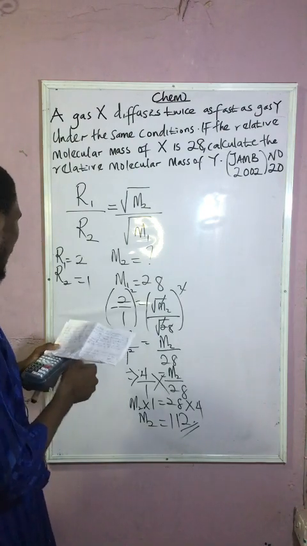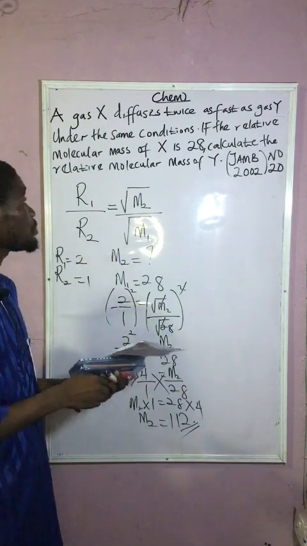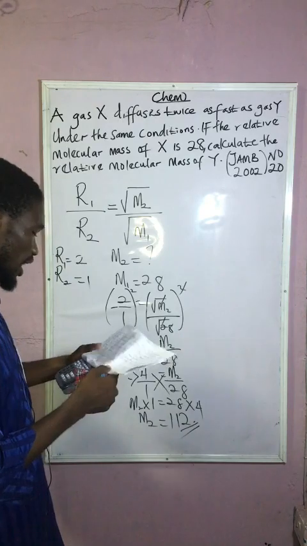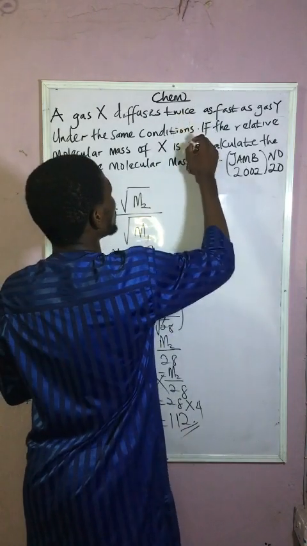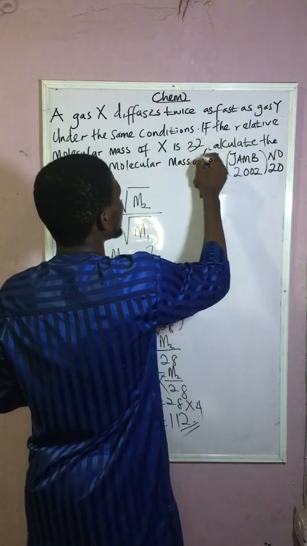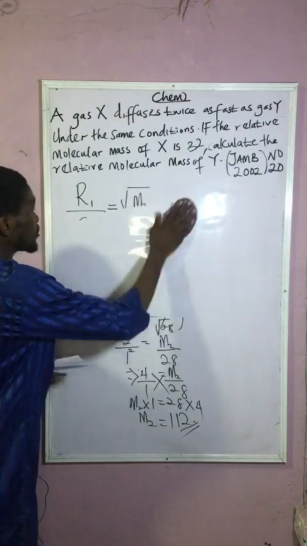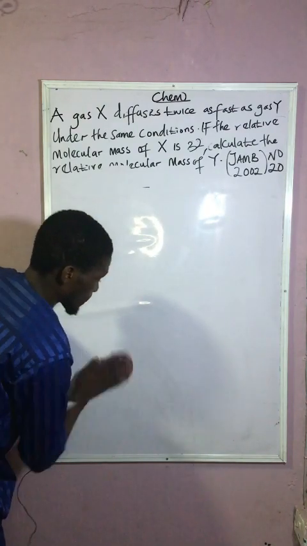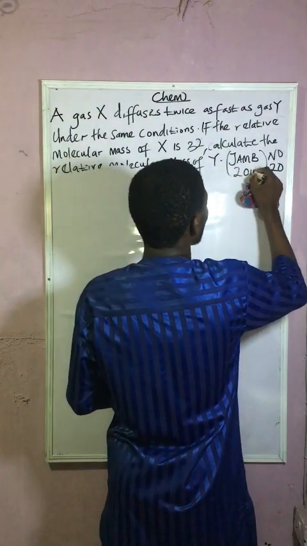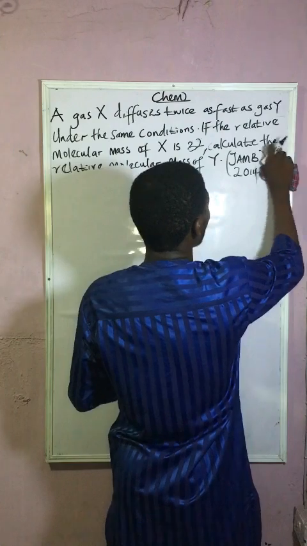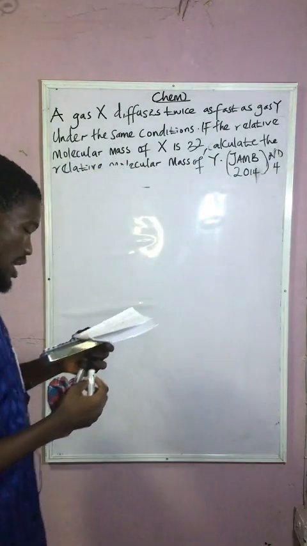A gas X diffuses twice as fast as gas Y. You can see Jamb always plays with questions like this. If the relative molecular mass of X is 32, here we have 2014, number 4, but the values are different.